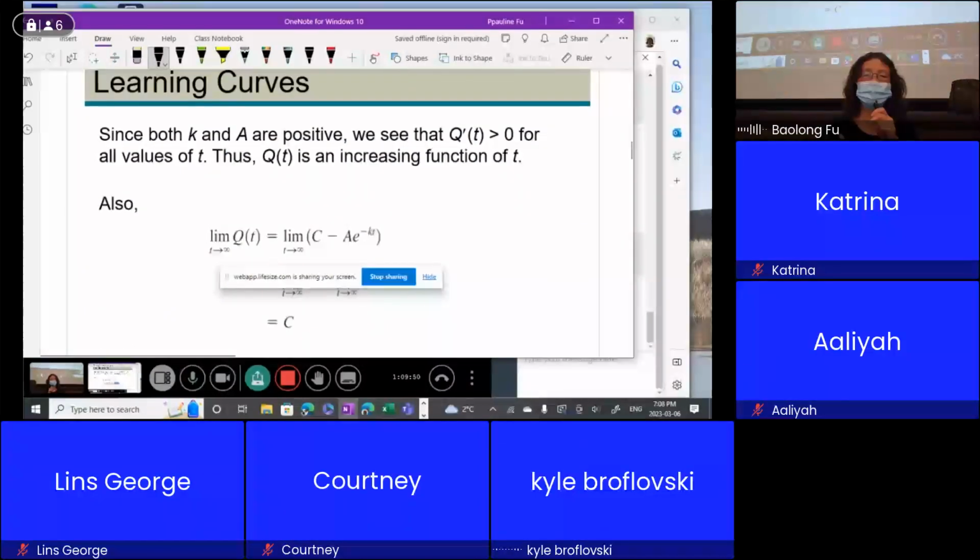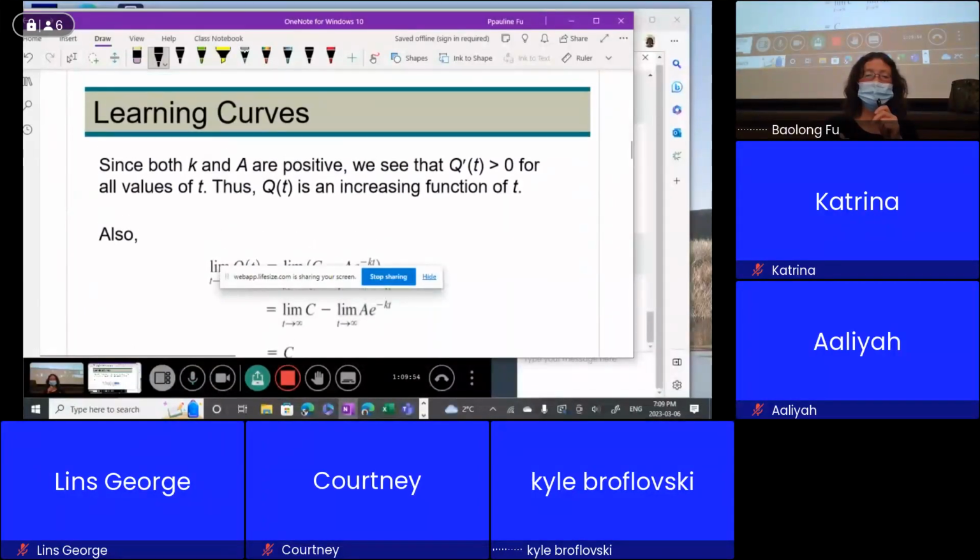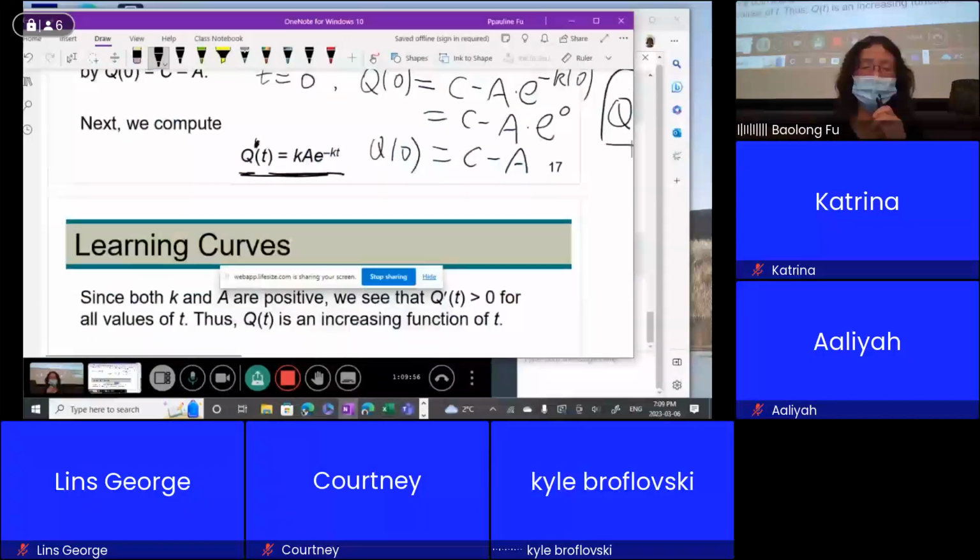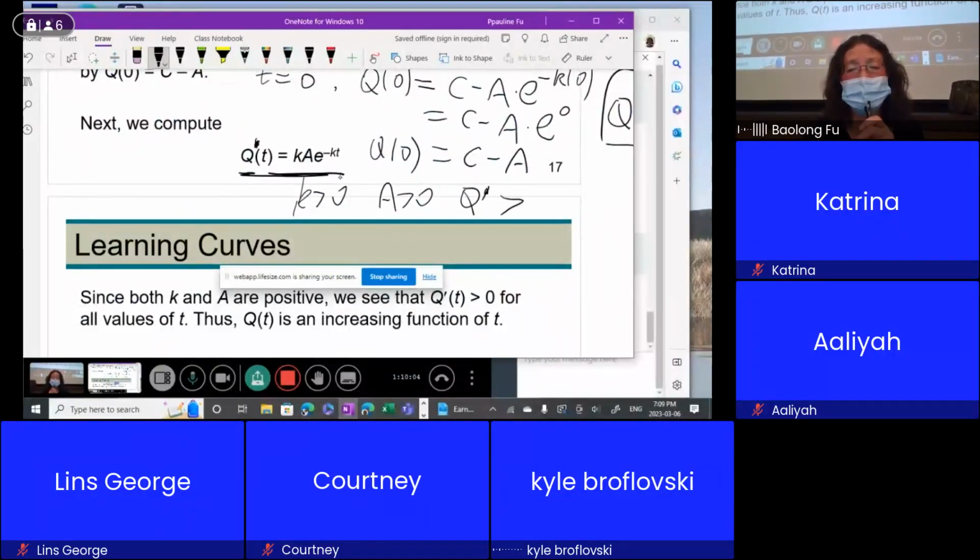Okay, and now if K and A are both positive, if K is greater than 0 and A is greater than 0, Q prime must be greater than 0.